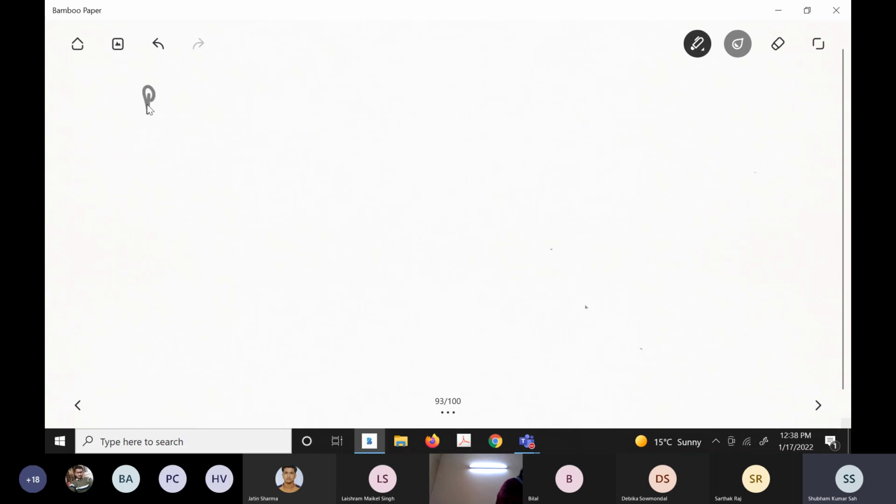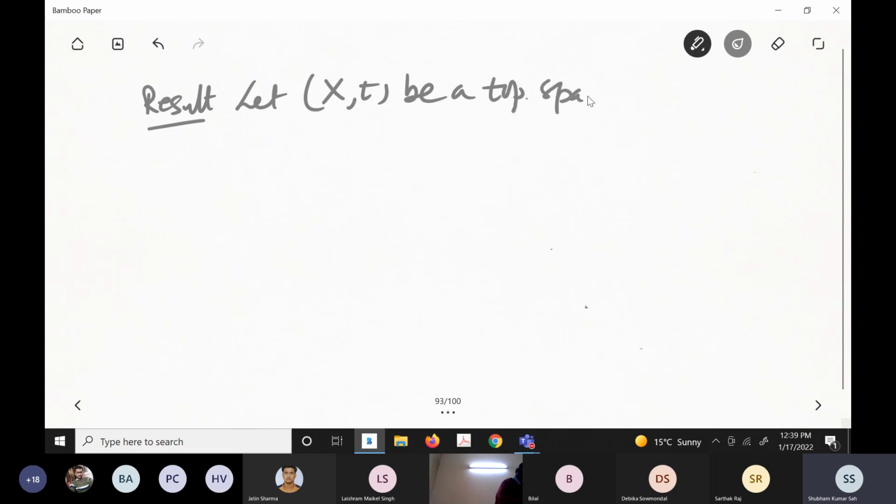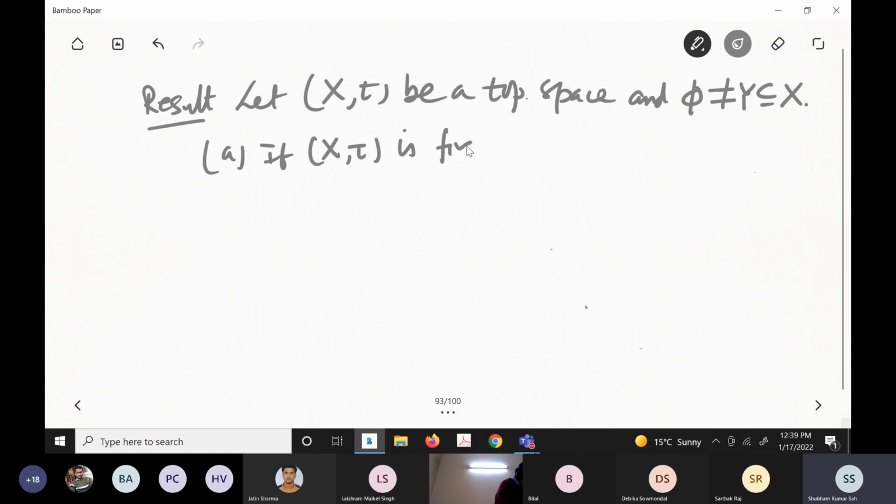So then let me write this result. Let (X, tau) be a topological space, and if (X, tau) is first countable, so is (Y, tau_Y).